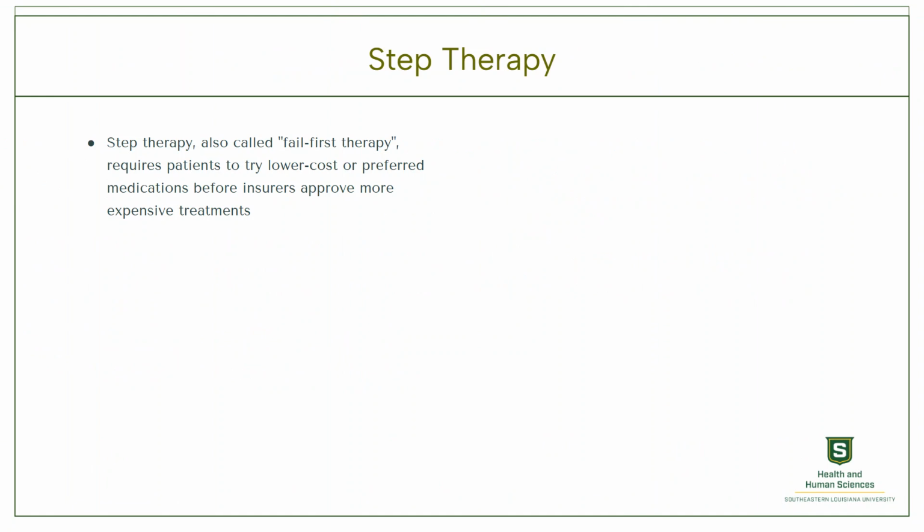If it doesn't work and they now need a more expensive treatment or medication, the insurance company then has to determine whether they would cover that as well. But the first level has to be shown not to have worked before a decision is made about the next one. This usually happens with brand name medication, especially specialty medications and biologics.